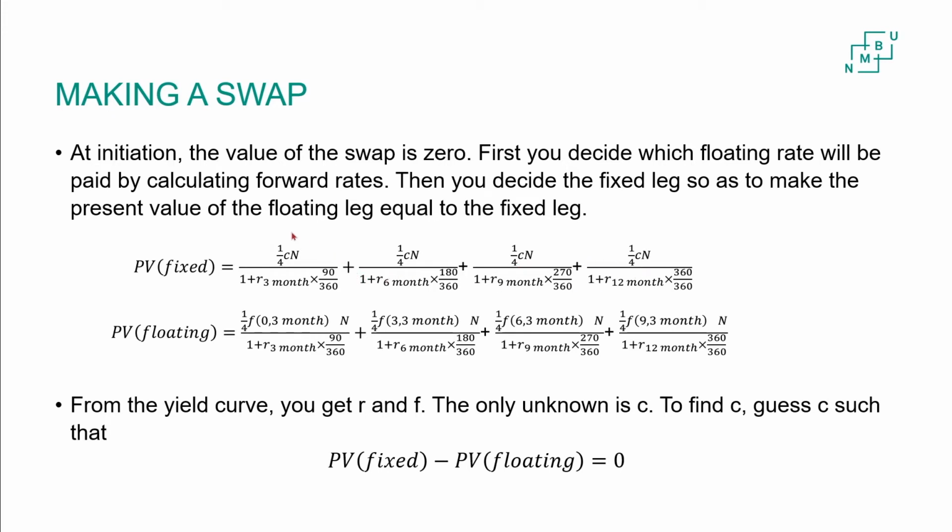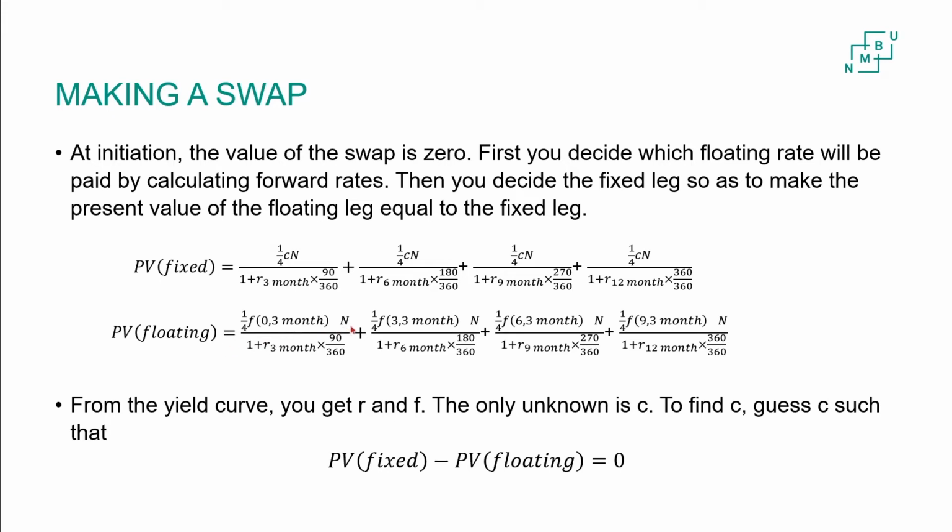And each of these coupons or fixed payments you have to discount. And when you discount within a year, you use this notation, just a linear discount factor. And the floating rate part of the bond is similarly set.